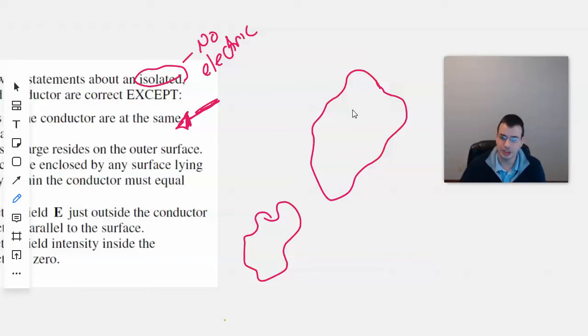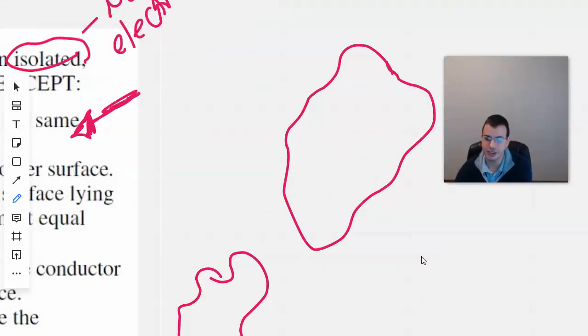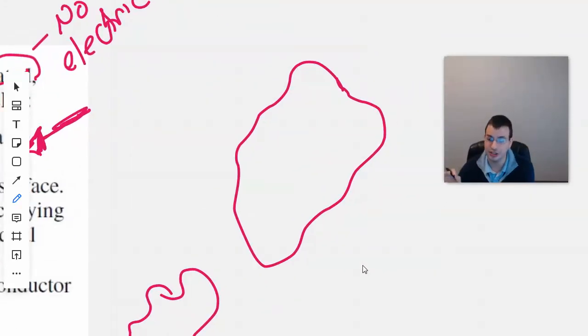one of the reasons you can justify that electric fields inside a conductor are zero is charges are free to move inside a conductor. So let's say, as a counterexample, that an electric field is not zero within a conductor. So we have a conductor here, and we have an electric field that goes like this.